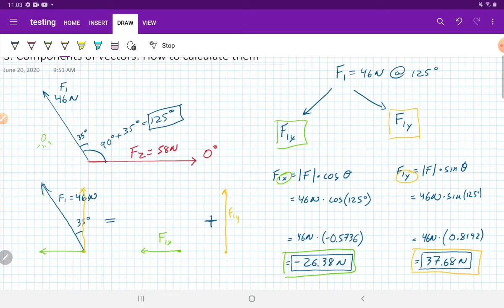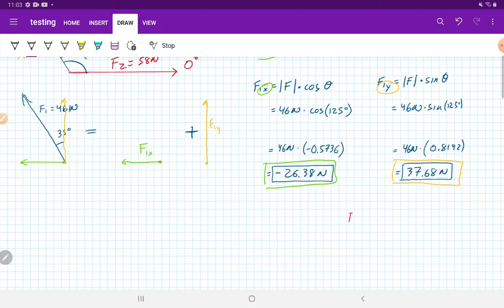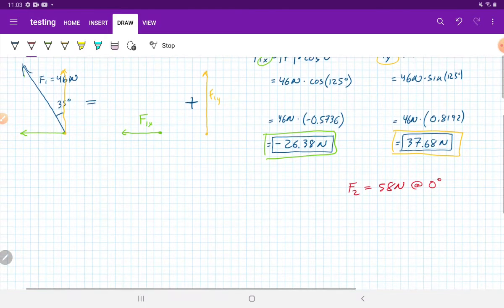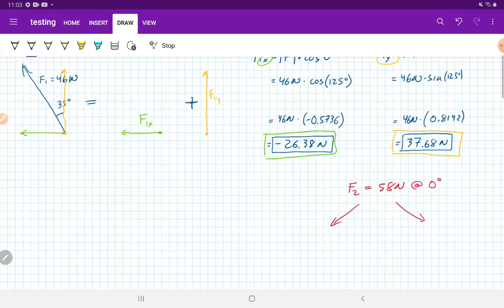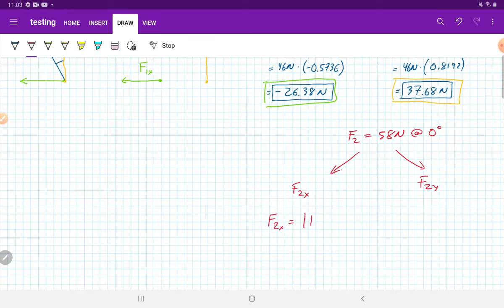If you do the calculations, and just for fun, this will just take a moment, we're going to do force 2 is equal to 58 newtons at 0 degrees. And if I break this apart into components, just like before, force 2x, force 2y, and I do the calculations, force 2x is equal to the magnitude of force 2 times the cosine of the angle, which is equal to 58 newtons times cos of 0 degrees.